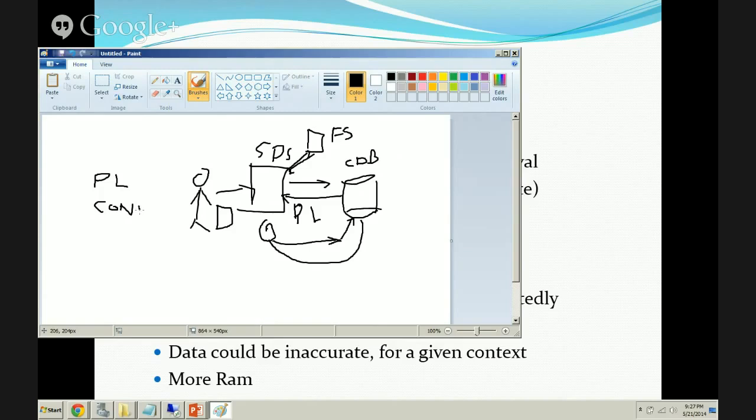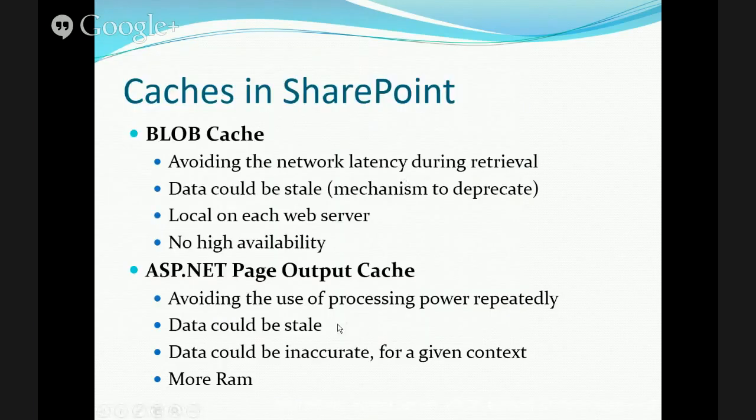So it's a two-step process, and this has a good amount of processing power at the server side. Now you don't want this processing power to be unnecessarily repeated when you're going to get the same page. So you don't want that. So ASP.NET Page Output Cache was implemented, which was carried through in SharePoint and used by SharePoint.